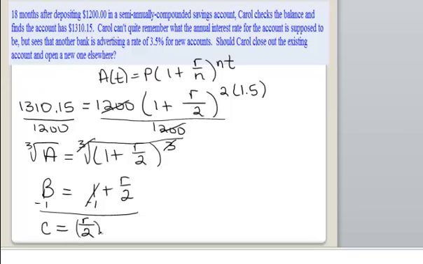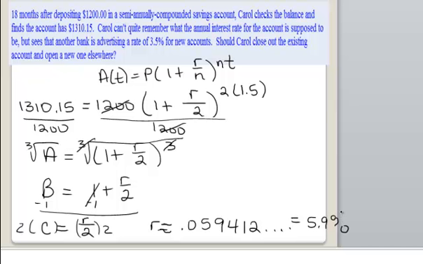Now to get rid of this 2, I multiply both sides by 2, and I find out that R is approximately 0.059412 and so on. So her interest rate is about 5.9%. So should she change banks? The new one is offering 3.5%. So no, she should not change banks.